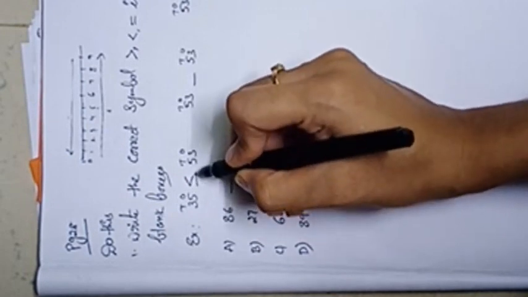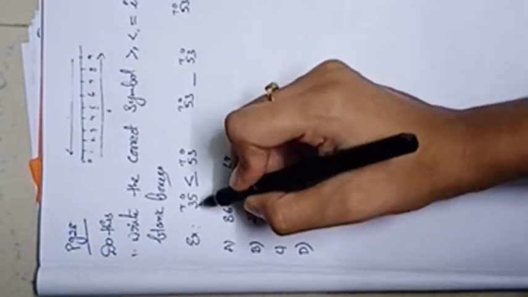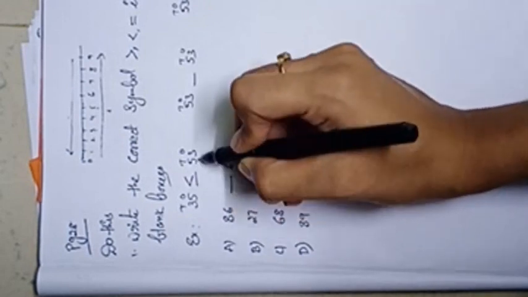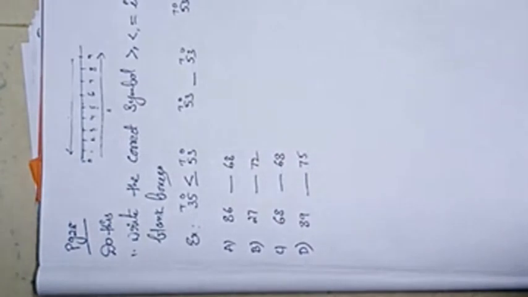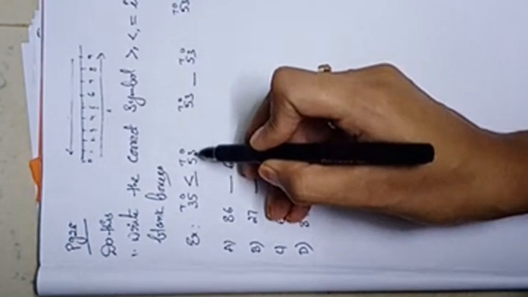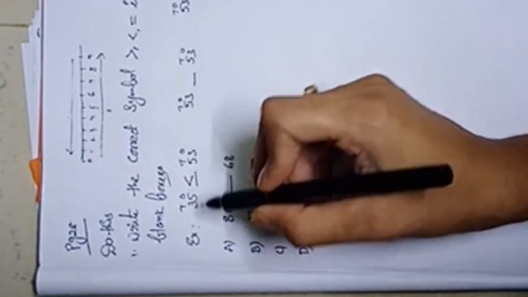So the crocodile wants to eat the bigger number. Here, only after observing the tens place number, you will get the answer. If tens place numbers are the same, then you have to observe the ones place number. Here no need to observe the ones place number. Here you got the answer.